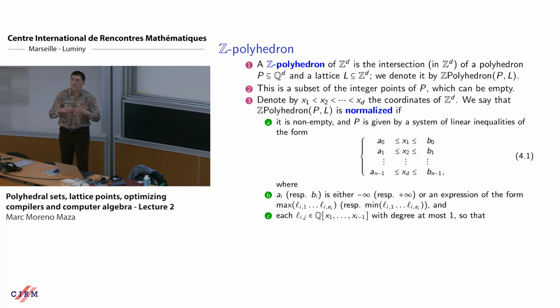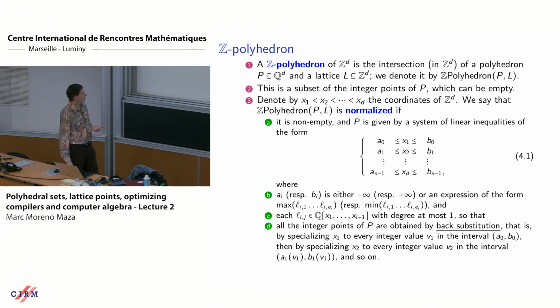And then again, that gives us a range of rational numbers where we know where the integer numbers are, and so on and so forth. So in this way, we feel that we have a good description of the integer points of such Z polyhedron. And we will see, as we do the quantifier elimination algorithm, how this is done, because in fact this is the same algorithm doing both. And this is implemented as the integer point decomposition in the Z polyhedral set package of Maple.